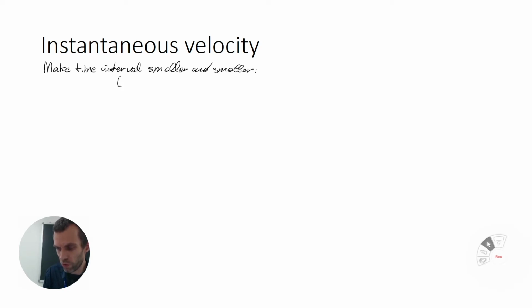So in other words, if you compare with the definition on the previous page, what we're going to do is let h, the length of that interval, go to 0.